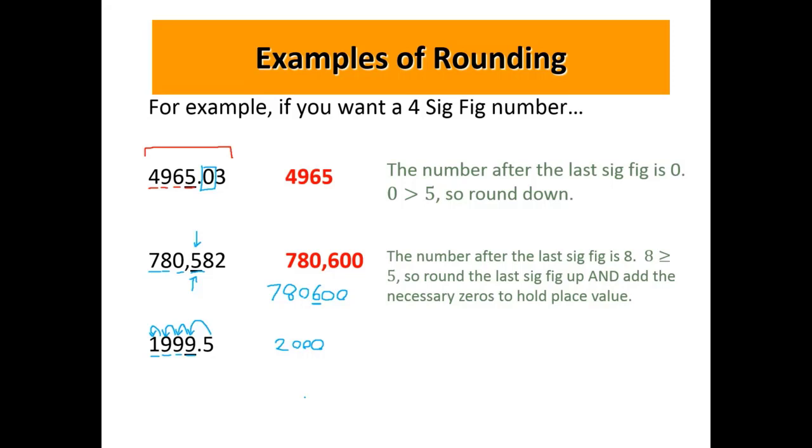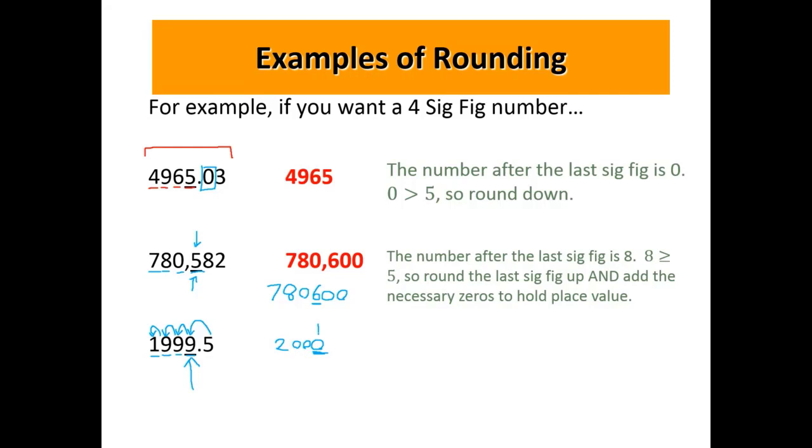Close. There's one thing that we have to consider though. The last significant figure here, that 9, is in the ones place. So I need to have significant figures all the way to the ones place. That means this zero needs to be significant. The way it's written now, 2,000, there's no decimal, right?